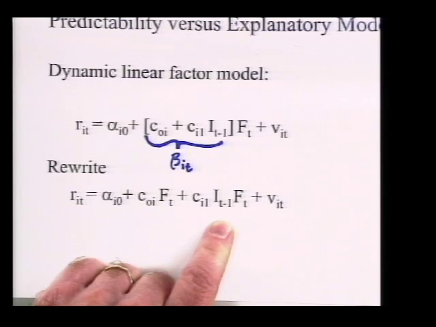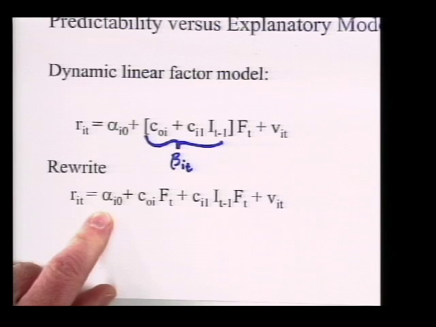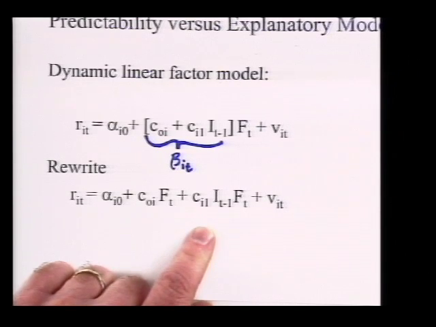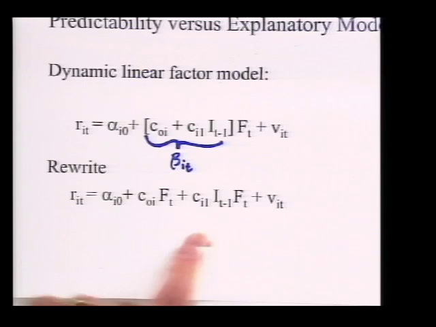Think of this as just multiplying two variables together, and that's going to be an extra variable in a multiple regression. Now we're going to get an intercept and two slopes, c0 and c1.